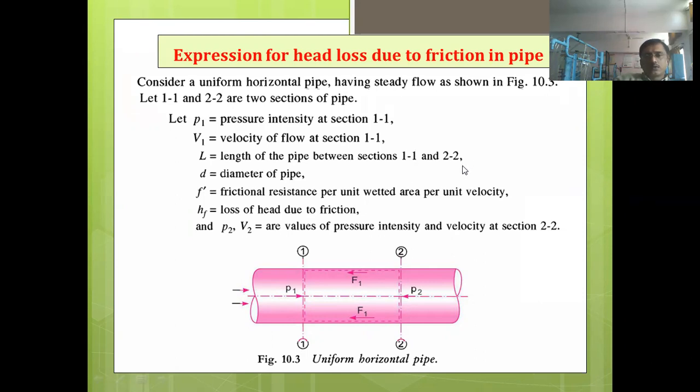Now here we are not going to write down all the derivation, just write down the formula. Is it over?